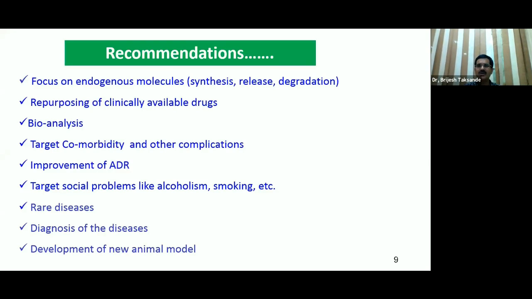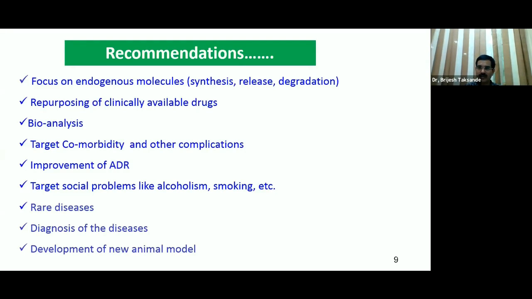There are many molecules, many peptides like neuropeptides, then amino acids, then enzymes which are available in the body. And in the last 3 or 4 years, if you gather the information, you will find that there are more than 100 molecules which have high relevance to the drug discovery process.